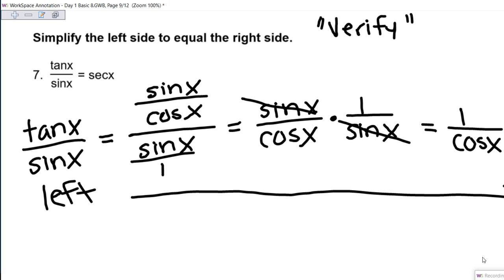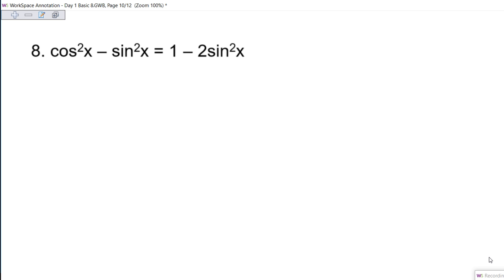Next one, number 8. Now, we're starting with the left side, so I'm going to rewrite it. So we have cosine squared of x minus sine squared of x. So we're starting with that, and we need to show that it's equal to 1 minus 2 sine squared.